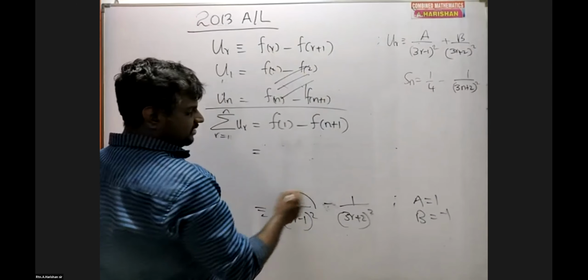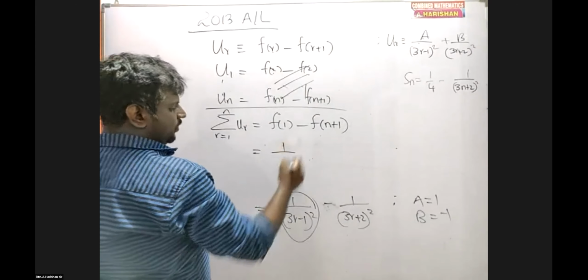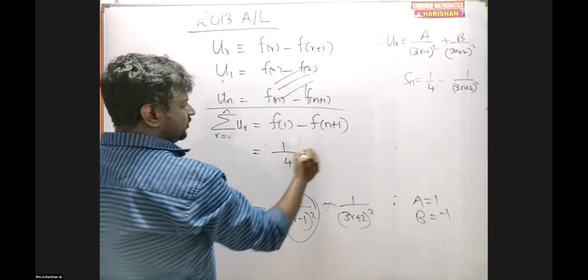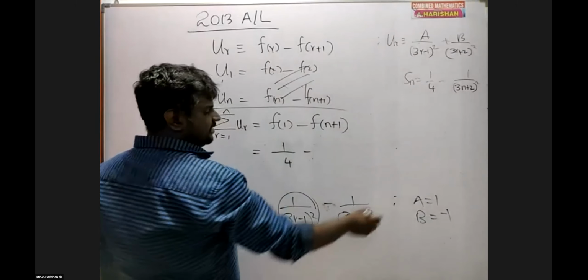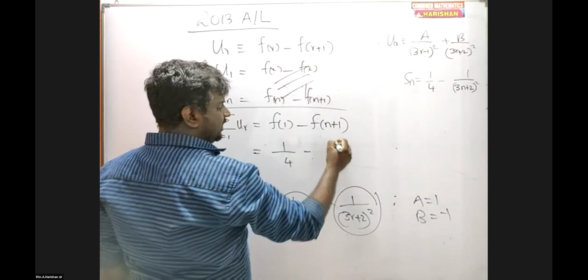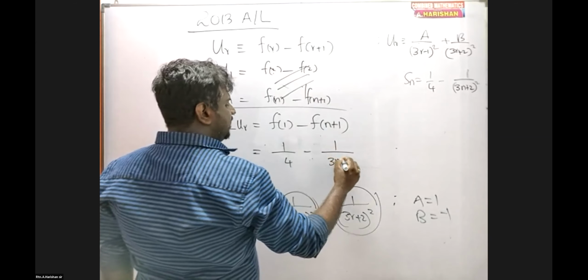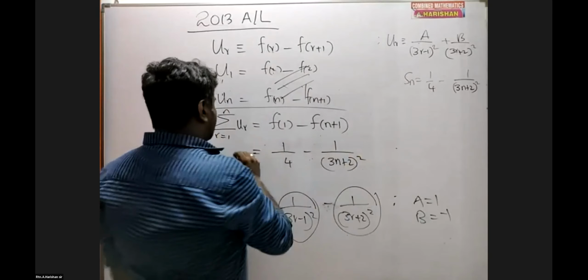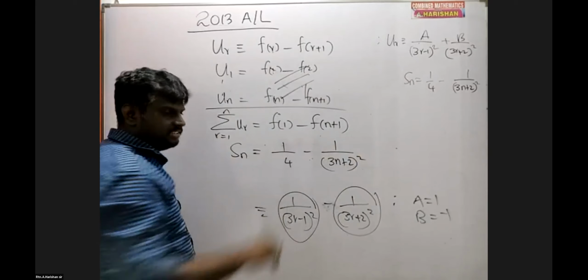What is f of r? This is f of r. So 1 over (3 minus 1) squared, that is 2 squared, 4. For f of n plus 1, this is f of r plus 1, so easily you can substitute n for r. Then you get 1 over (3n plus 2) squared. That's it. So that's why they ask Sn equal to this.